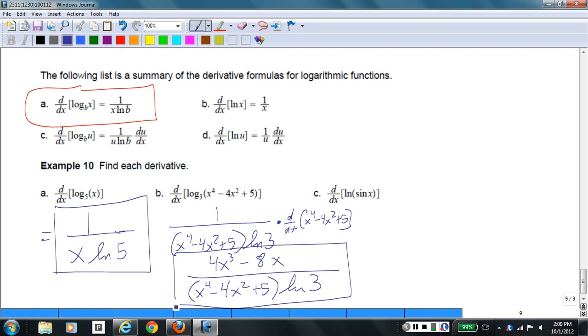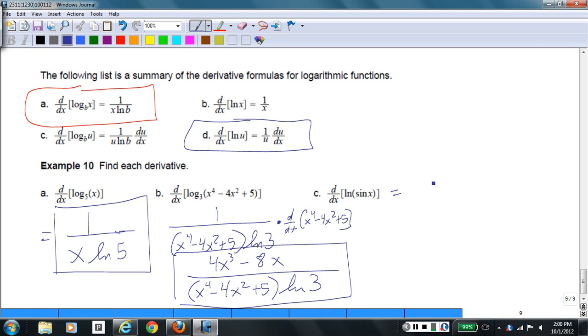And the C part, we're going to be using this one officially. d dx of the natural log of u is going to be 1 over that expression u times the derivative of that expression.